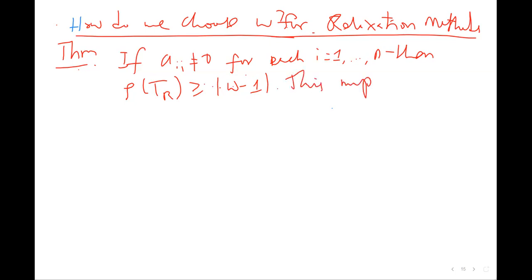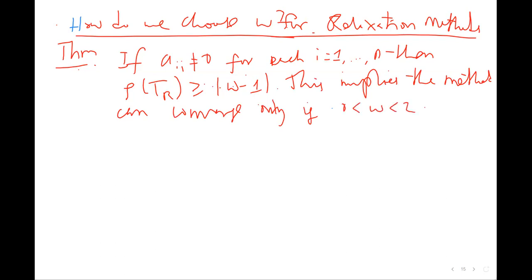This implies the method can converge only if omega is between 0 and 2.